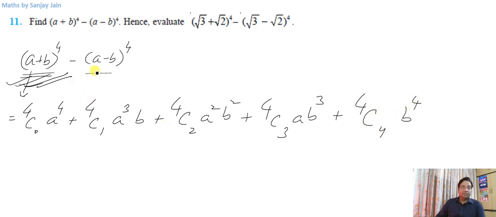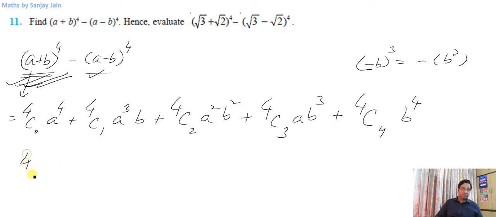Now in the second term I have got a minus b, right? So wherever I have got b, I'll replace it with minus b, but minus b raised to odd powers will be minus something, right? Minus 1 raised to even power will give you 1. So let me write this expression below it, (a minus b) raised to power 4.